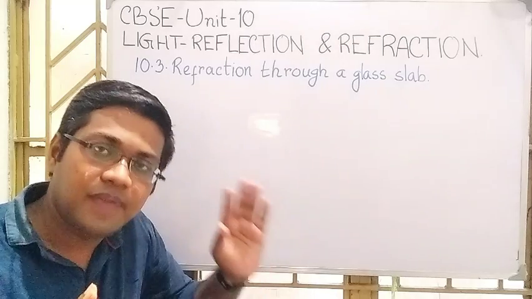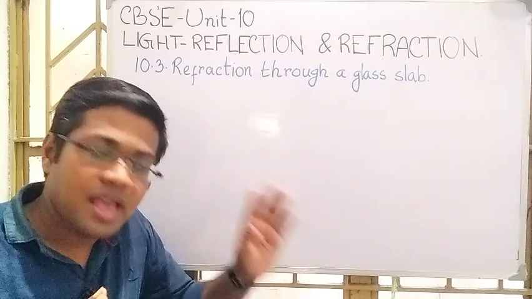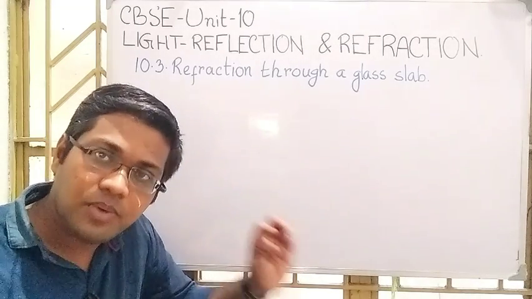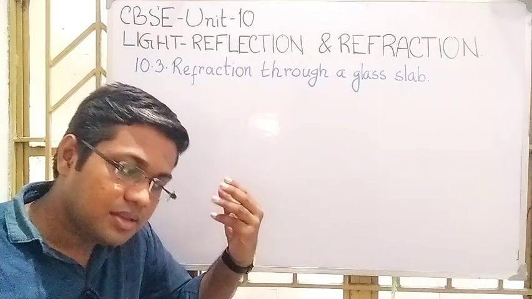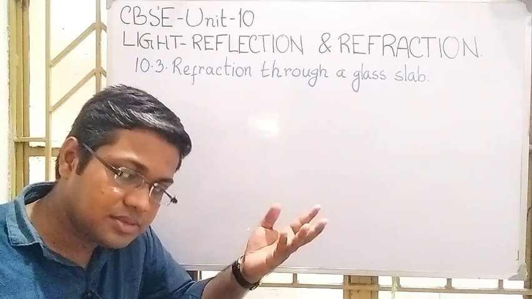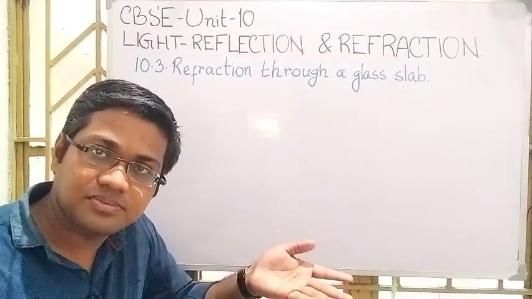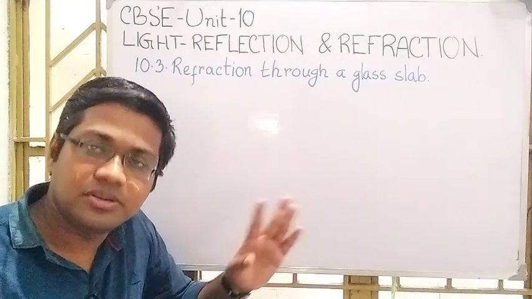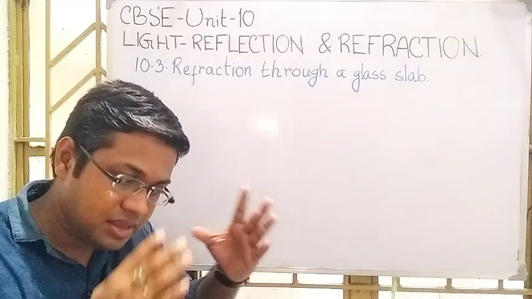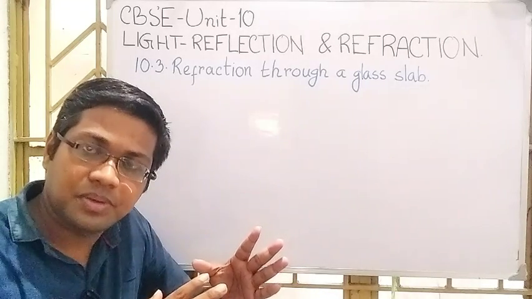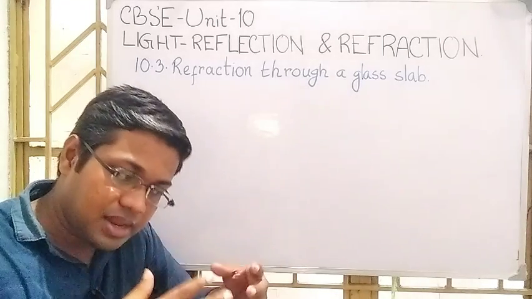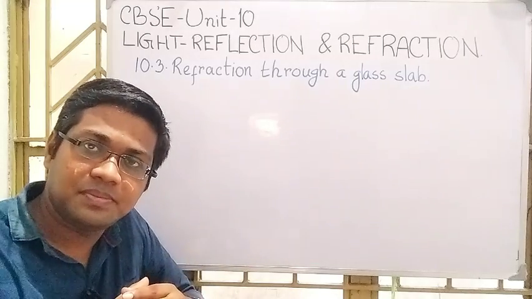It has a refractive index and its value is approximately 1.5. So if the light enters from the air to the glass slab, it will bend accordingly, and the glass slab is a denser medium than the air.